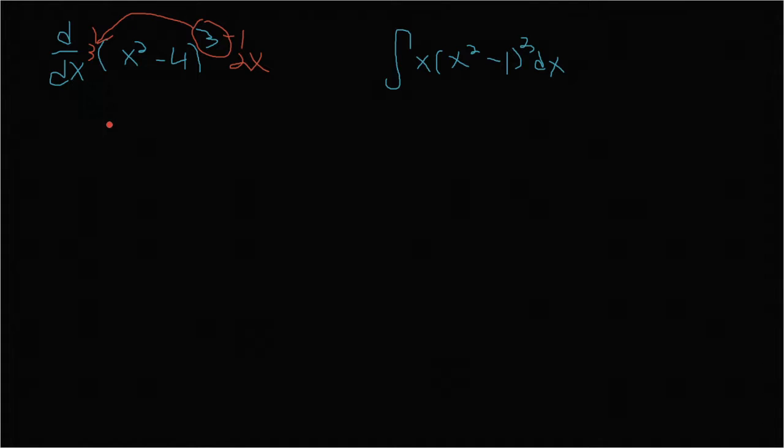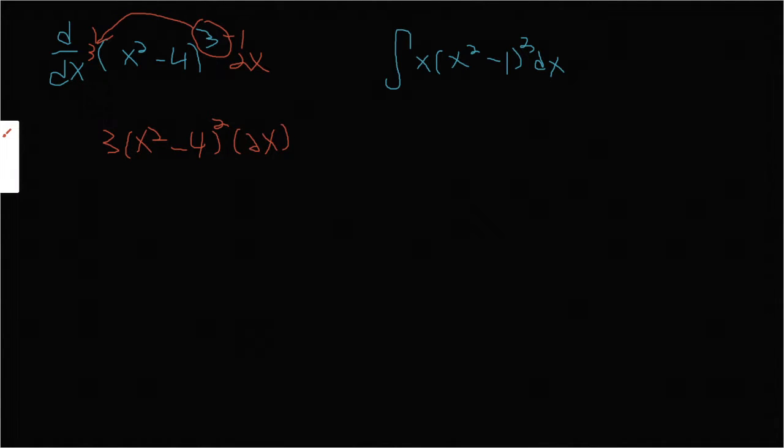So the final thing would be 3 times (x squared minus 4) squared times 2x.